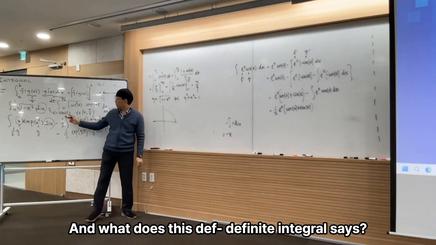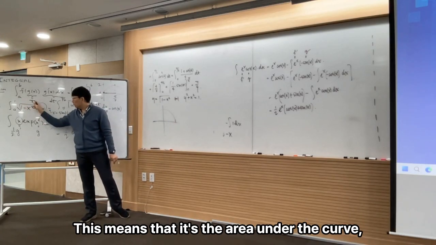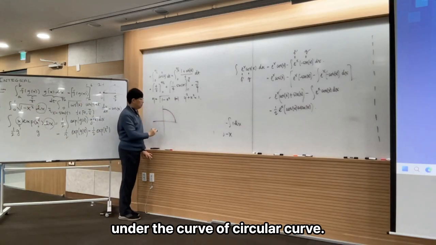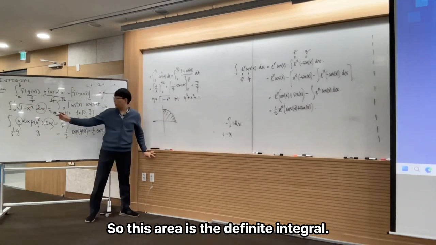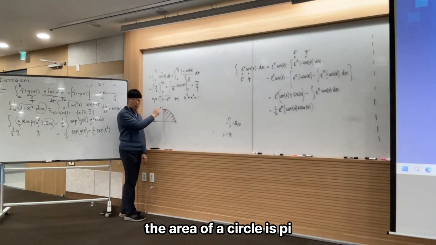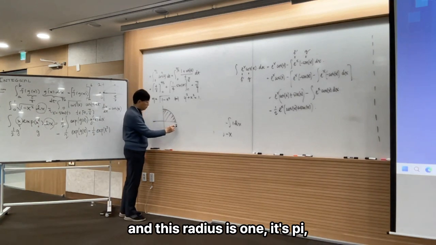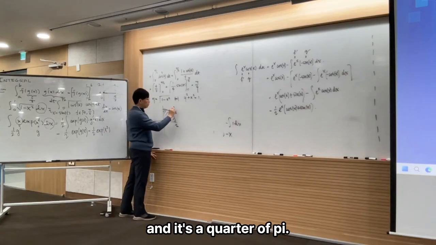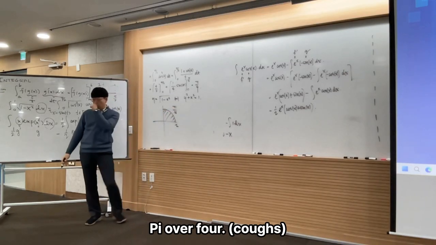And what does this definite integral say? It means that it's the area under the circular curve. So this area is the definite integral. We know by definition that the area of a circle is pi when the radius is 1, and this is a quarter of it, so pi over 4.